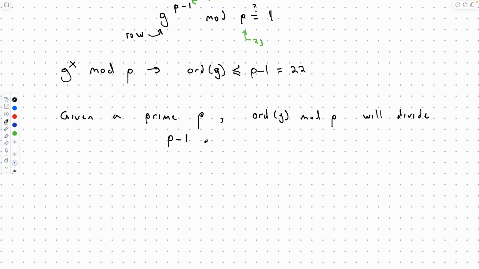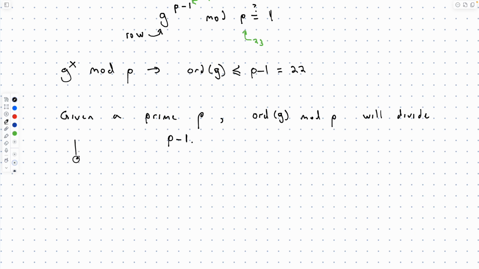Not only will it, because 11 divides P, it could be one of the things. It's even stronger. It actually says there must be. So for every divisor, there is going to be some G such that the order is that.